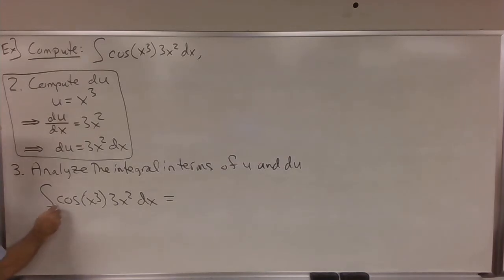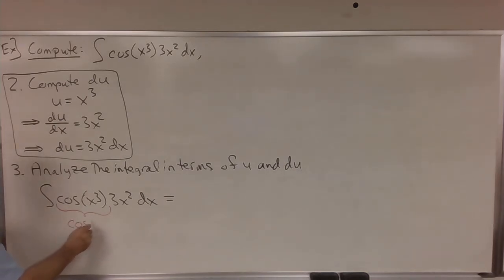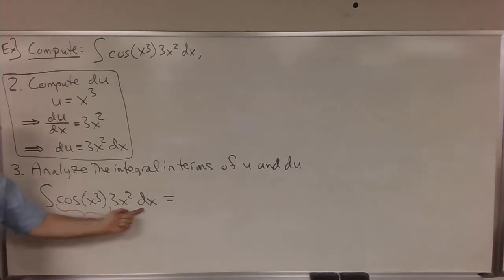Now this thing, in terms of u, is x cubed, right? So cosine of x cubed is the same thing as cosine of u. So that's what this is. This is cosine of u. And now this thing, 3x squared dx.